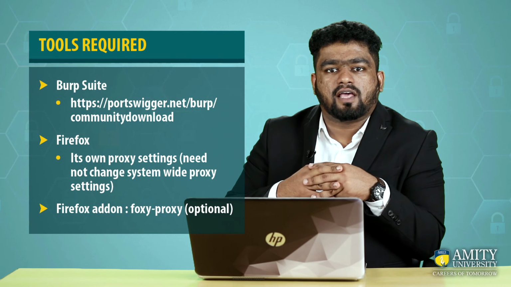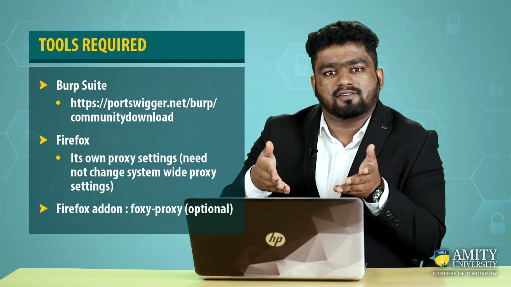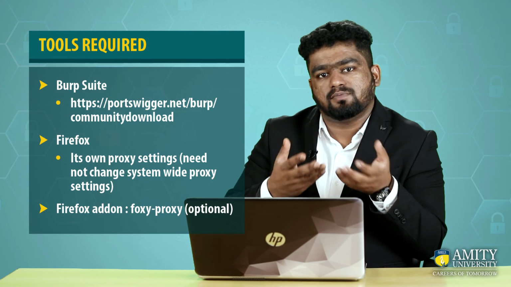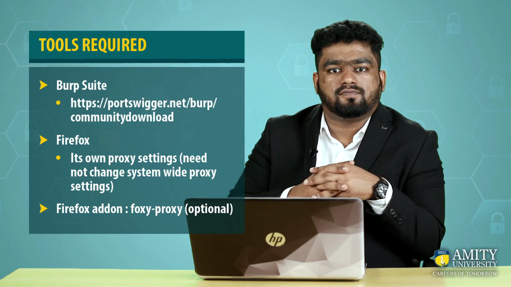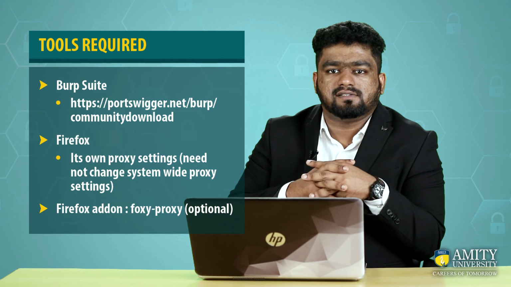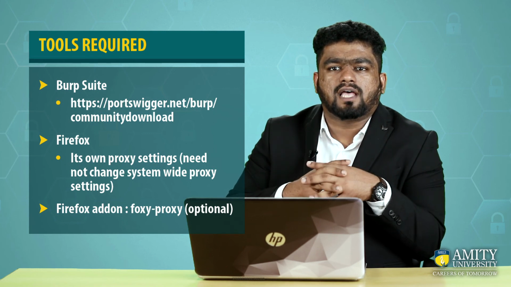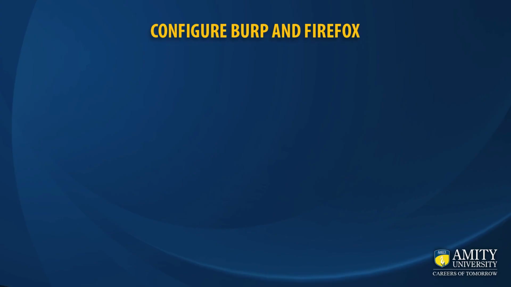But using an add-on like Foxy Proxy, I can switch to the proxy of Burp Suite, and I can switch back to the normal proxy of the system with ease. That is what this add-on will be used for. So that makes this add-on an optional one. Let's just go through how to configure Burp Suite and Firefox.